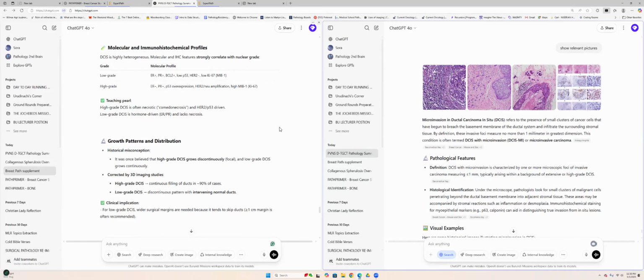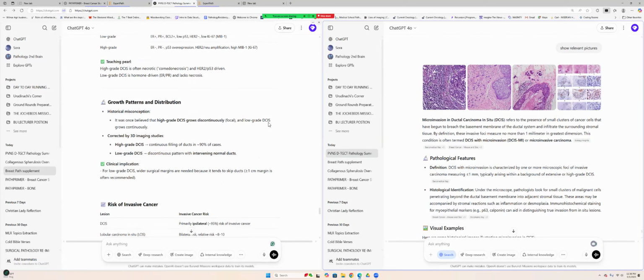High-grade DCIS is often necrotic, comedonecrosis, and HER2/neu and P53 driven, while low-grade DCIS is hormone driven and lacks necrosis, but that's not always the case. UDH can also have central necrosis at times, and that's why you need CK5/6 to help you differentiate at times.